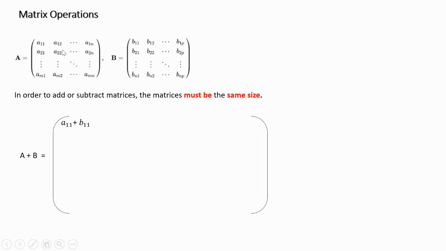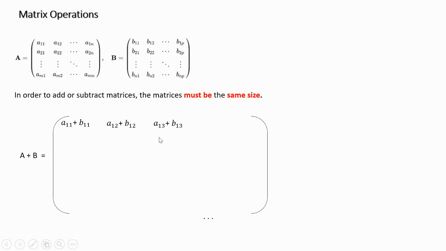Right, so say that we're adding, say these are the same size. So we're going to add this position, A11, which means A, first row, first column, plus B, first row, first column. Right, and then we're going to add the first row, second column from the A matrix, and the first row, second column from the B matrix.